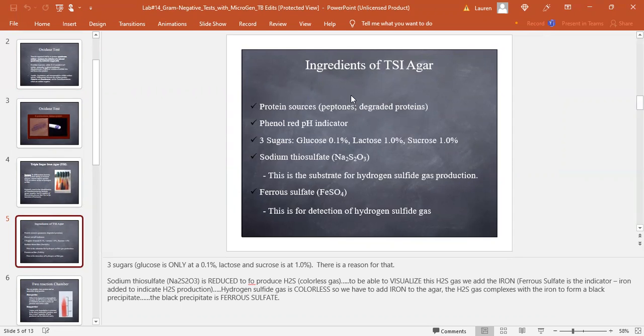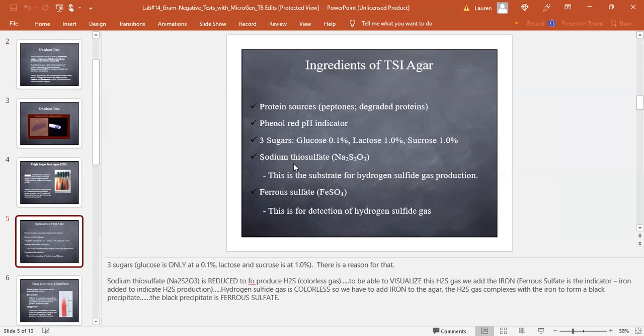No, peptones are located in the butt portion of the TSI. Then we have our phenol red located all throughout, and the phenol red will indicate if the three sugars were fermented. Glucose is only in the butt, and lactose and sucrose are only in the slant.